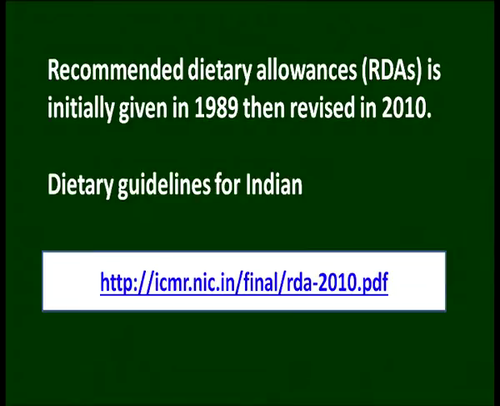Initially, RDAs were developed in 1989. After a long gap, they were revised in 2010 and they are available on the website given here and in a book, Dietary Guidelines for Indians.